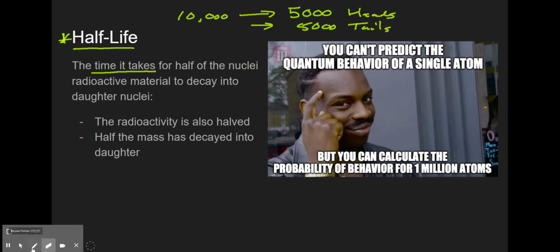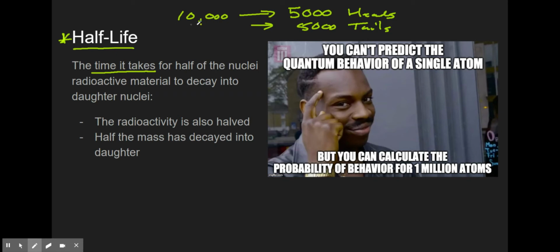If we were to take one coin and flip it and ask you how many of the coins will be heads and how many will be tails, now you are kind of guessing. You could say one head, no tails, or vice versa. And so, yes, we can predict quantum behavior for millions of atoms, but not for a single atom.